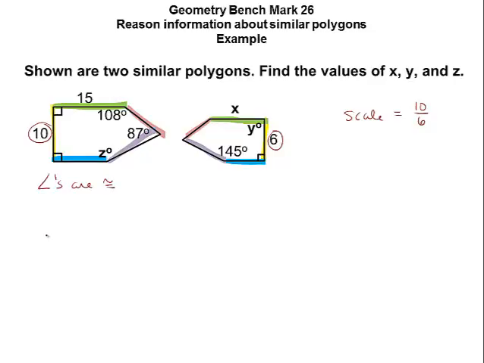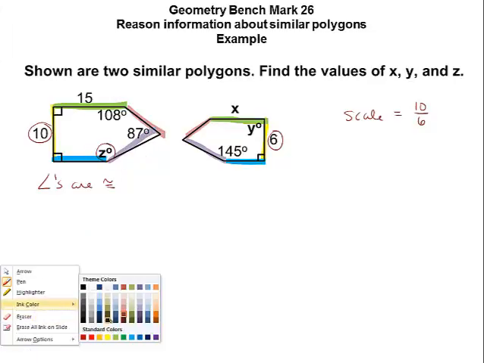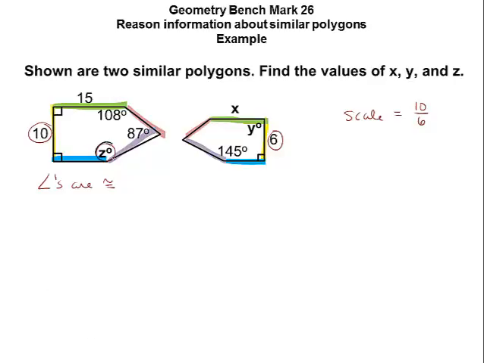So I don't have to do any solving for those. I just have to figure out which angle is which. And z, let me pick a different color. z is in the same position as 145. So they have to be equal. So z is equal to 145.